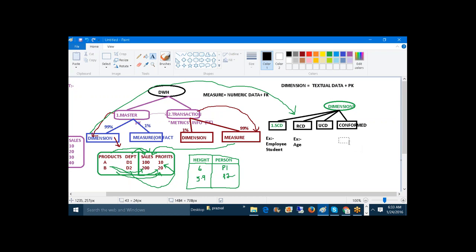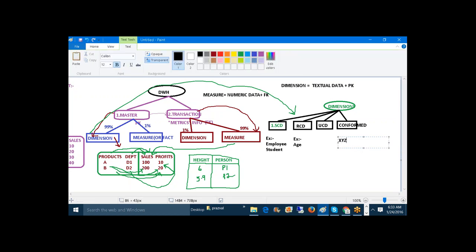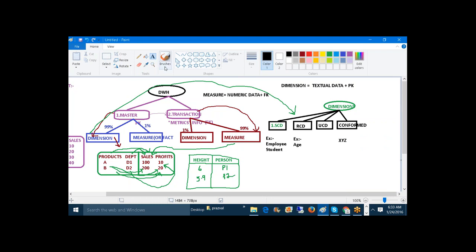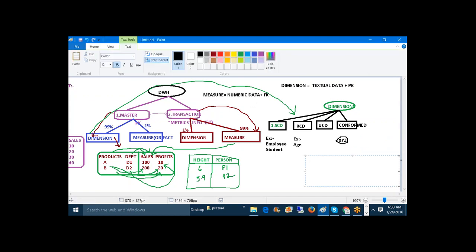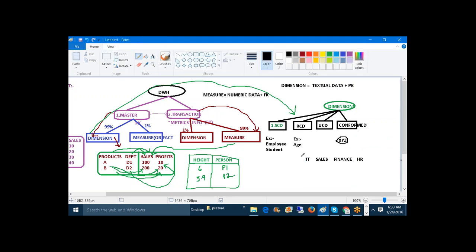Let's say, for example, I am taking one organization XYZ. This organization is having four business areas: IT, sales, finance and HR.